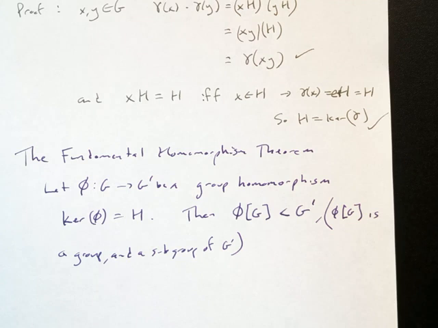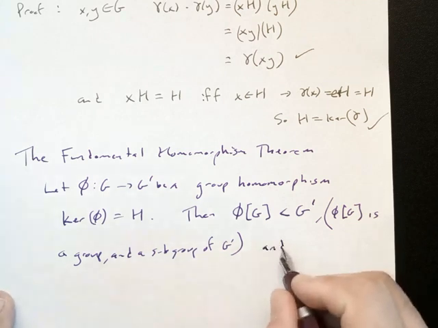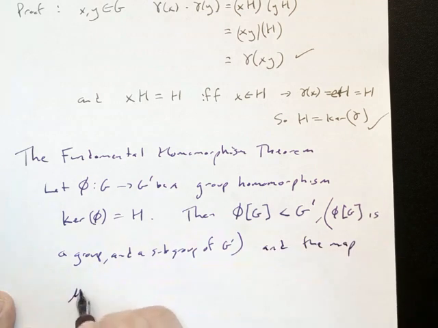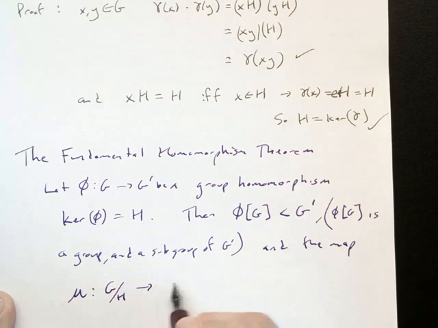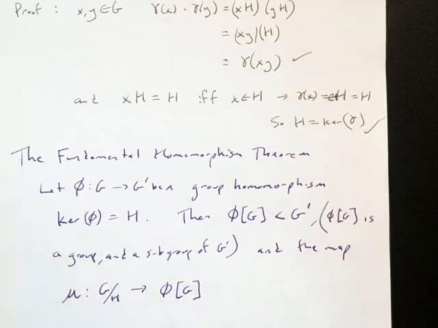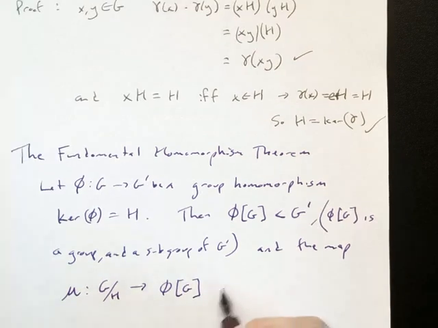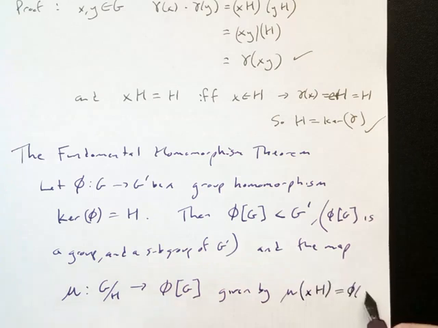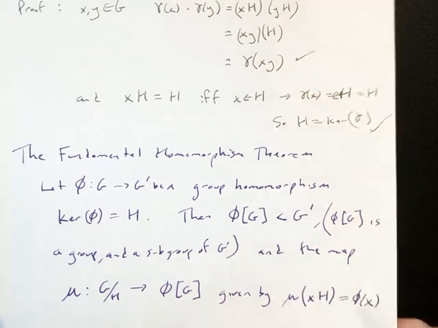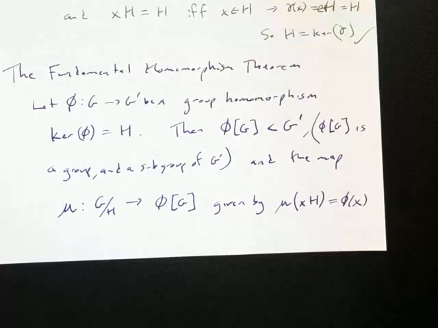Let's define the map mu from the cosets to phi of G, given by mu of a coset is phi of x. So I take each coset onto its image. So that would be that dotted arrow over there in the picture. That would be our map mu. I'll go back over there and I'll label it.